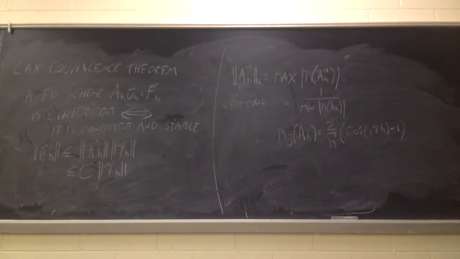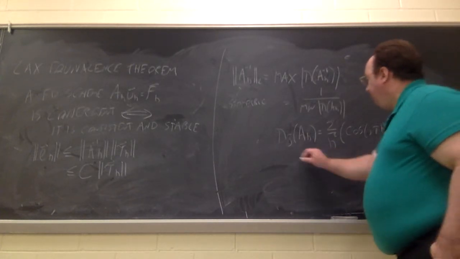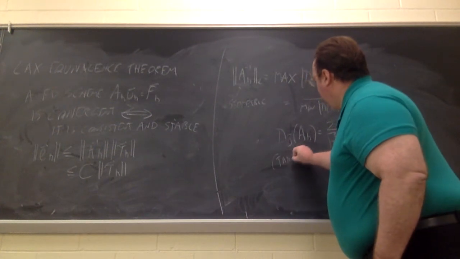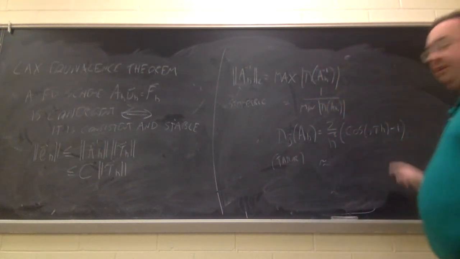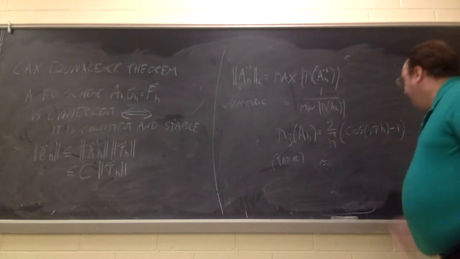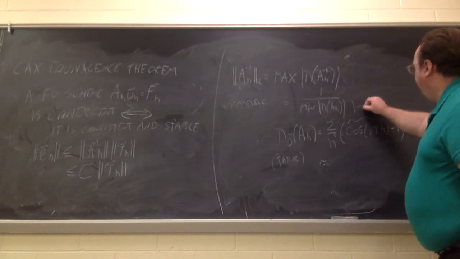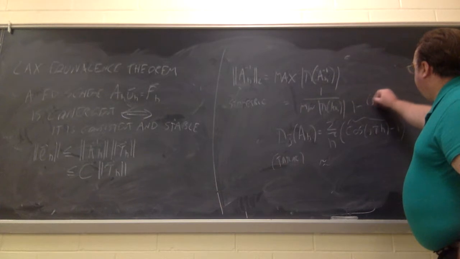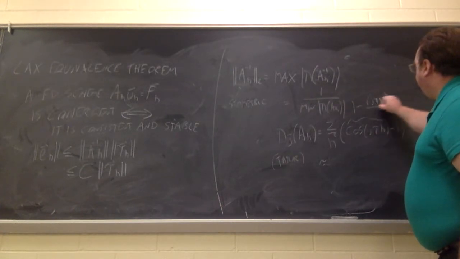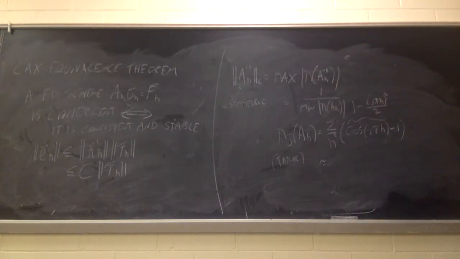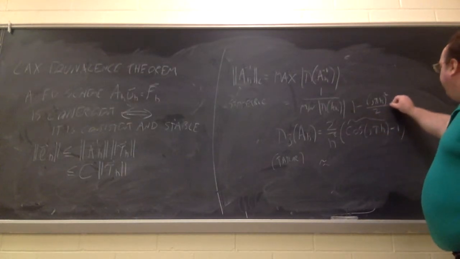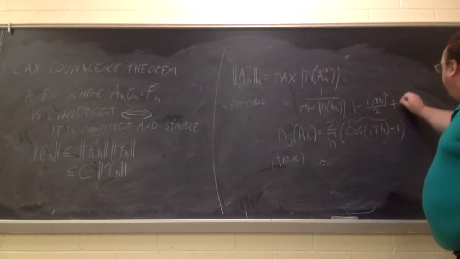Now, if I were to use Taylor expansion on cosine, that's equal to 1 minus (j pi h) all squared over 2, plus additional terms, like something that's order h to the 4th.